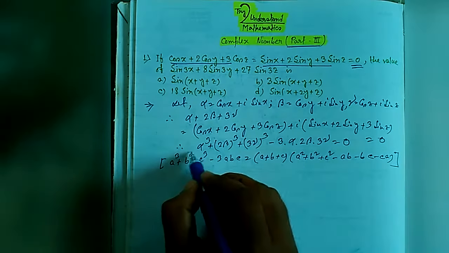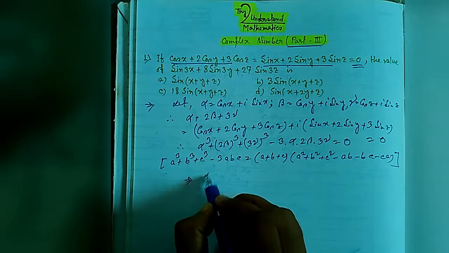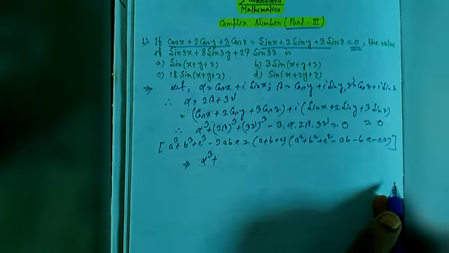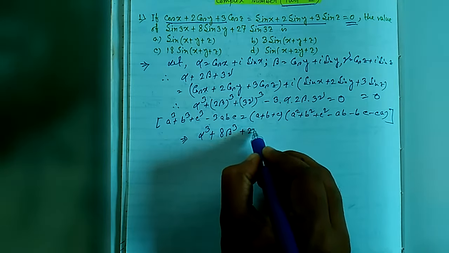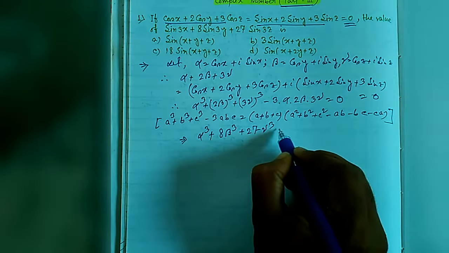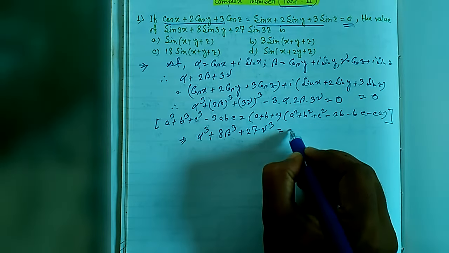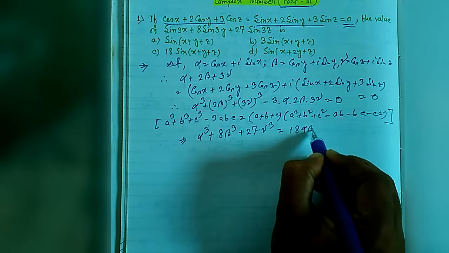So from this, alpha cube plus 8 beta cube plus 27 gamma cube equals 18 alpha beta gamma.